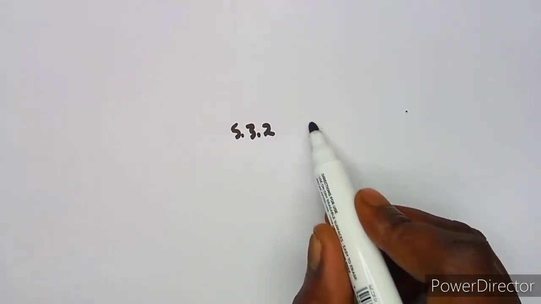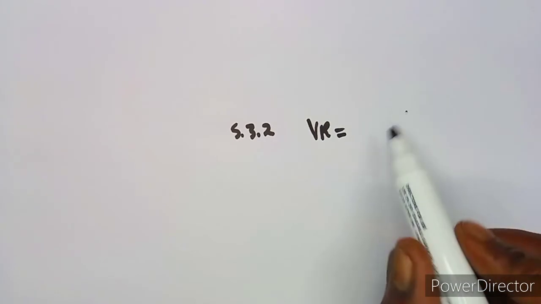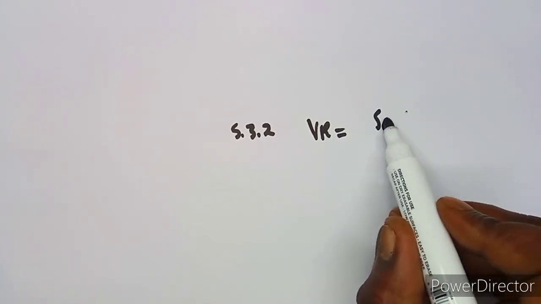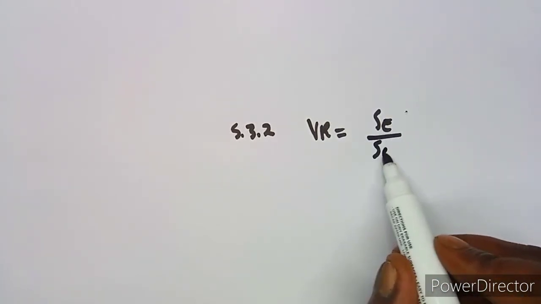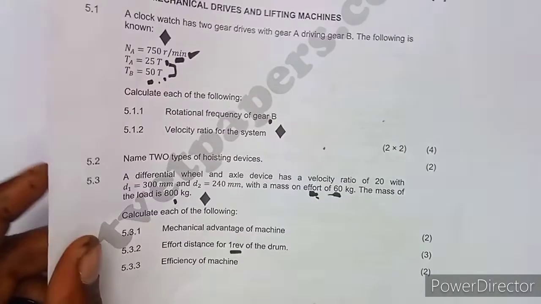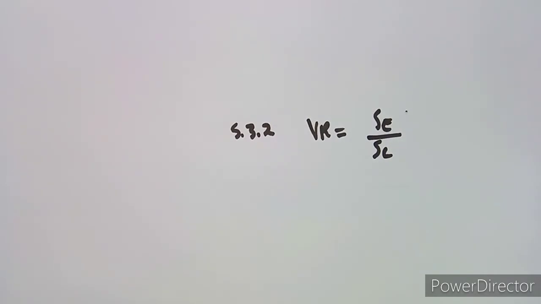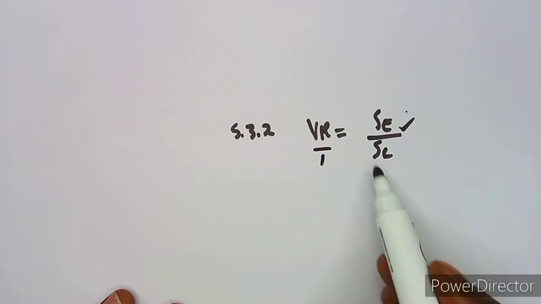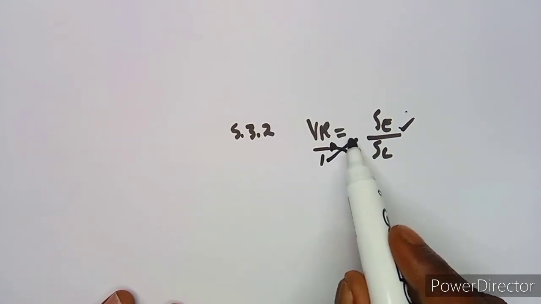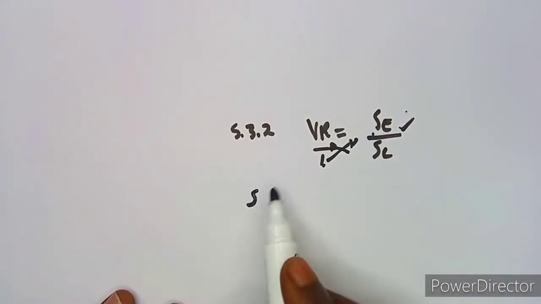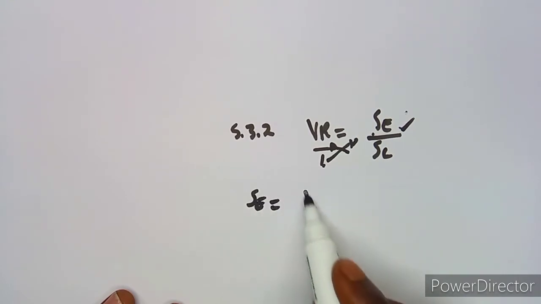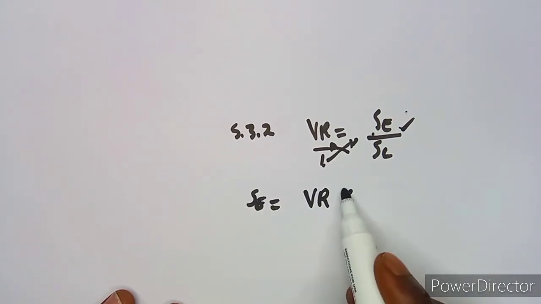It was velocity ratio is equal to effort distance over the load distance, like this. And as we want to calculate the effort distance, what we are going to do is to simply make the effort distance the subject. So just cross multiply, both sides over 1.